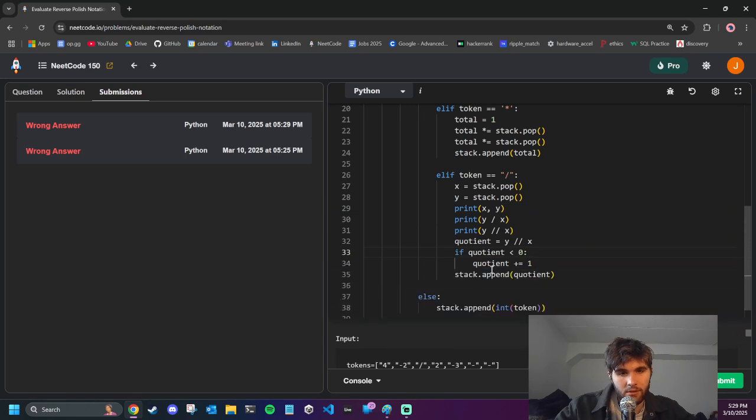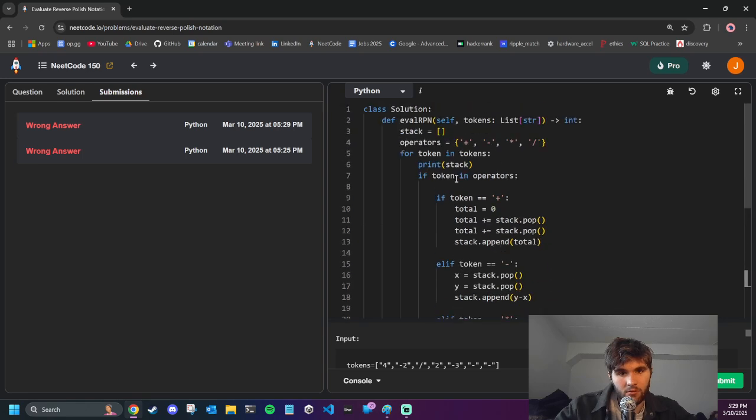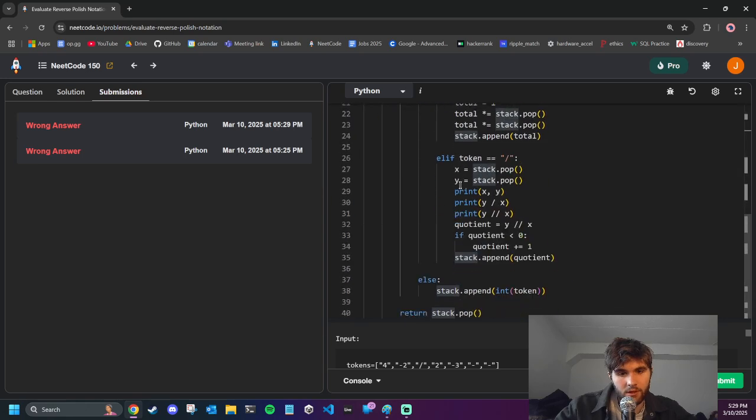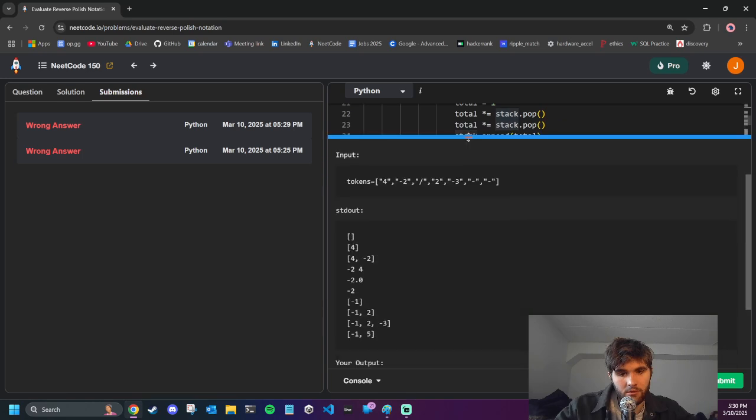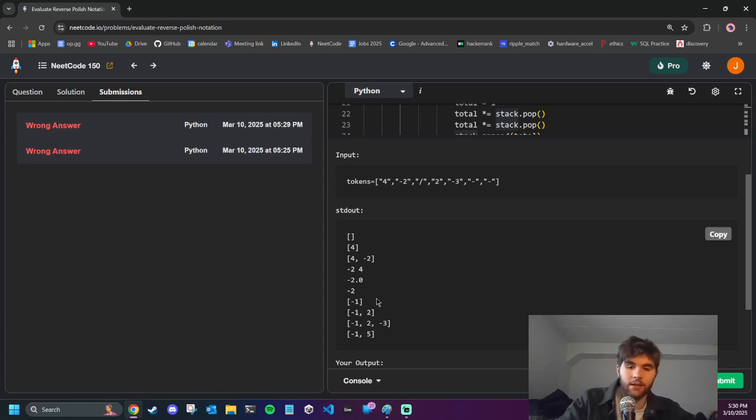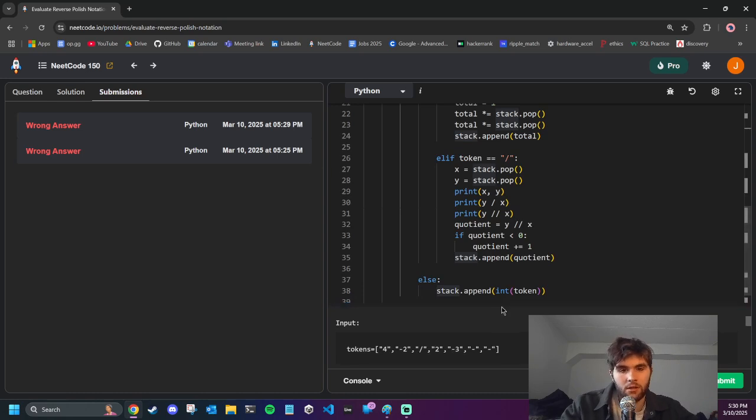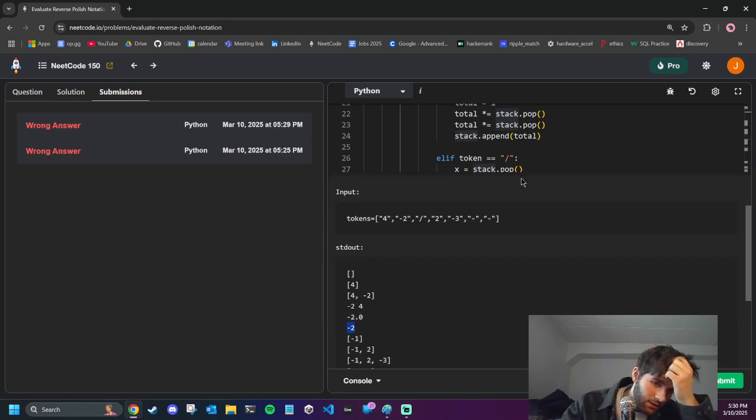So why don't I see it? Why don't I see stack here? So my thinking is this -2 doesn't look like it's getting added back in the stack, which it should be doing.